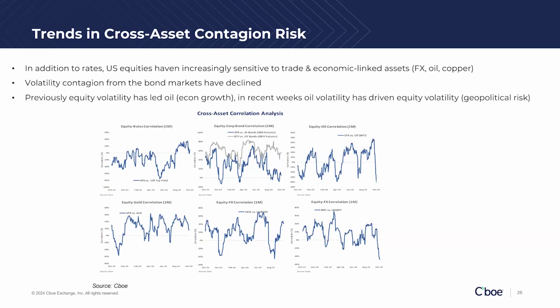What's fairly interesting, though, is that if you look at not just the nominal level of volatility contagion but at the trends, there have been higher trends toward equity volatility stemming from volatility contagion from oil, as well as from FX and copper. Now, what links all these assets together is that they're all related to economic growth.